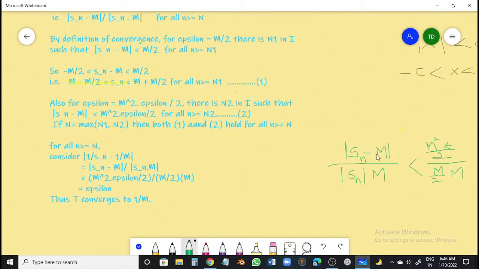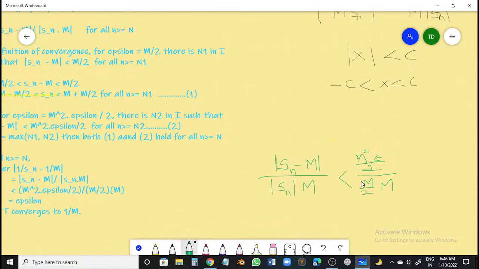So what happens is, this calculation gives us 2 epsilon. If we cancel them, what we are getting is epsilon.